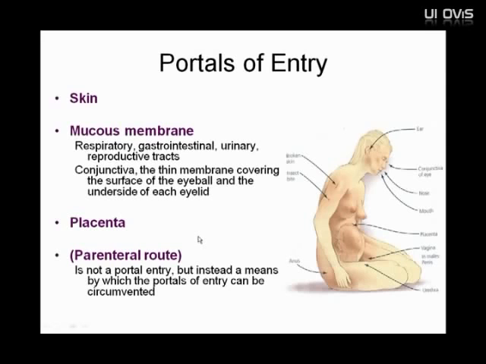The third portal of entry is the placenta. There is a barrier, but some pathogens can break the barrier and enter the fetus to produce diseases. There is also the parenteral route. It is actually not a portal of entry, but instead a means by which the portals of entry can be circumvented.